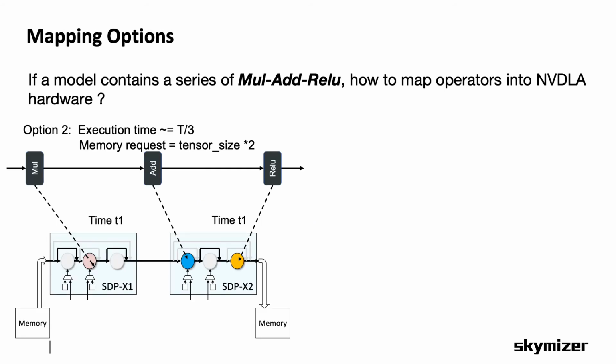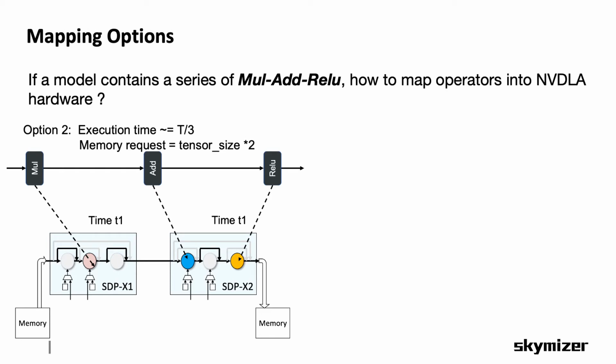And another option is to run the whole graph inference with a single SDP operation like option 2 in the slide. To do that, we need to map 3 element-wise operators into the X1 and X2 sub-blocks. In option 2, we cut down the execution time to 1/3 of the execution time in option 1.